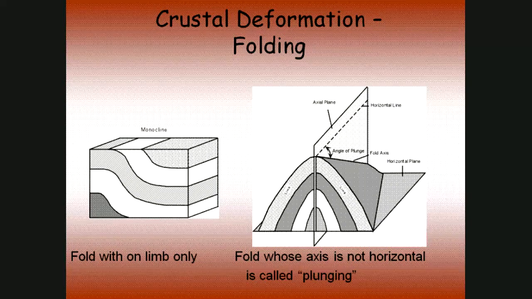Okay. What about if we get a fold that's not horizontal? I mean, it actually is up at one end and then it sinks down at the other end, like it plunges. Yeah, well, it's an upfold, so it's an anticline. What kind of anticline? A plunging anticline, because it has an angle of plunge.